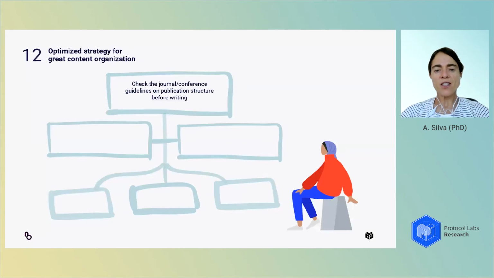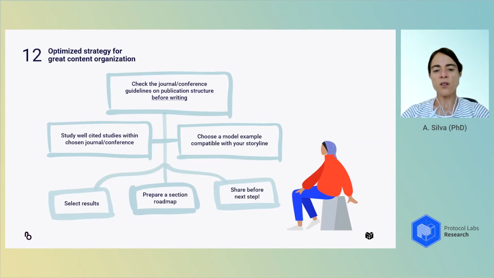In terms of strategies to really have great content, I have here some of the most important steps. Of course, check the journal guidelines before writing, so know the rules. Study and look at examples of previous publications in that journal or conference, so you get familiarized with the style.